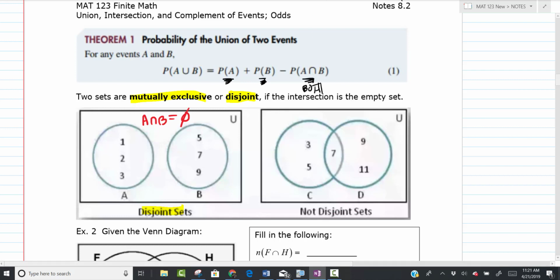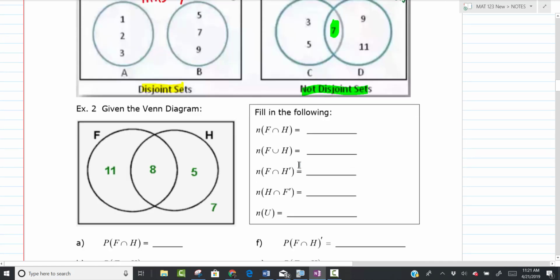Sets are not disjoint, however, if there is something in common. Okay, so in this case, C intersect D has something in it. It's the set containing 7. So that does have an intersection. That does not. No intersection on disjoint. An intersection exists with at least one element on not disjoint sets.